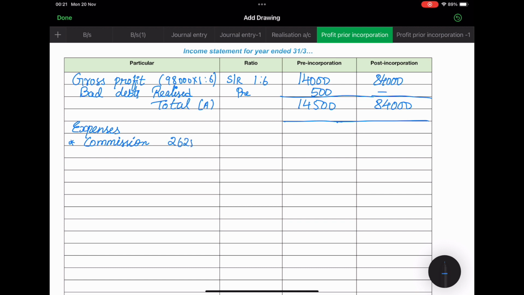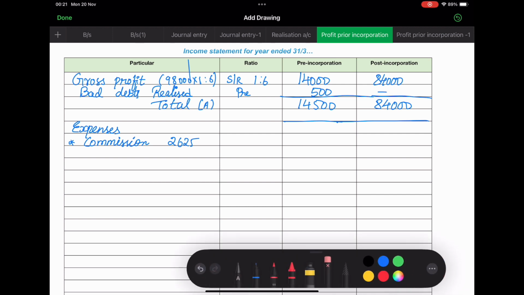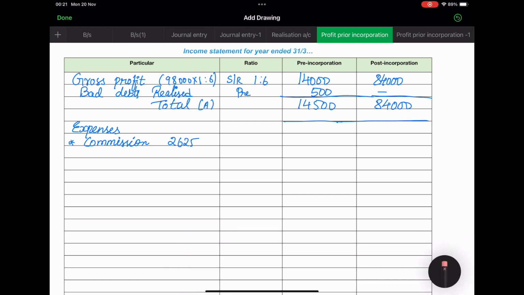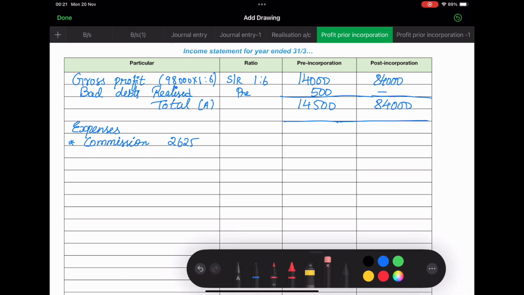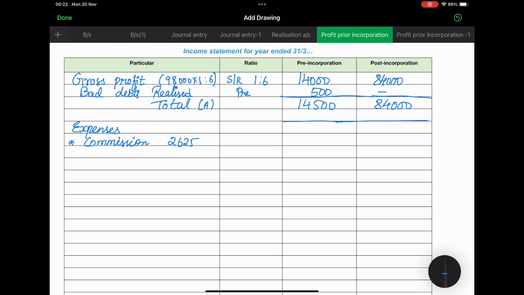If you want, you can include a column in order to write the total, but for examination purposes you don't require that, because we are going to clearly mention every ratio here. I'm writing it to give a clear picture of the solution.